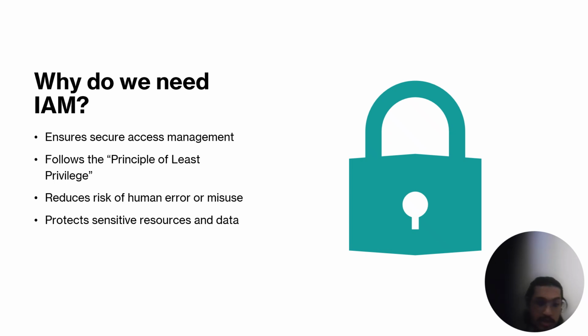Using IAM, we give users only the permissions they actually need, no more and no less. This is known as the principle of least privilege. It also helps prevent accidental data loss, unauthorized changes, and insider threats.